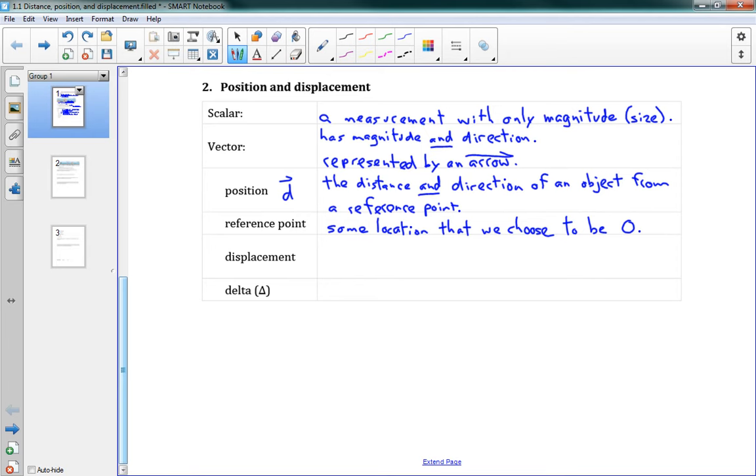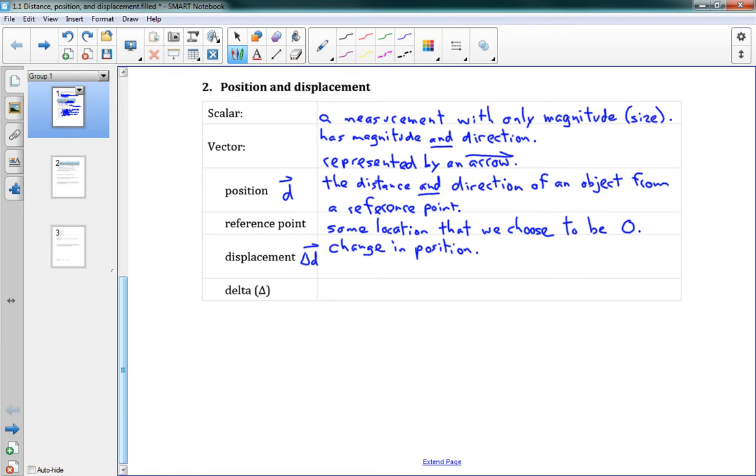And now our next term is displacement. Displacement has this symbol, delta D, with an arrow. And we'll talk in a second what the delta means. But displacement is the change in position. Okay, so when something changes in position, that's called displacement.